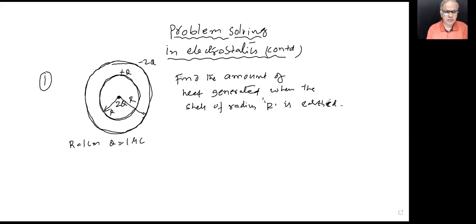You connect it to ground, and earth is supposed to be having zero potential.